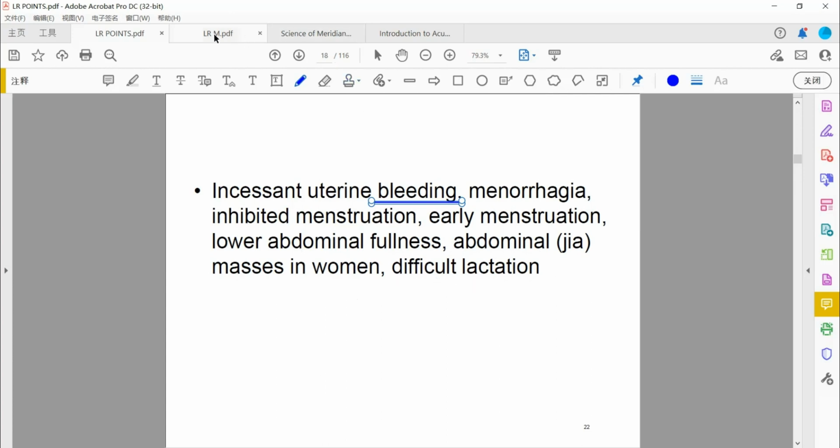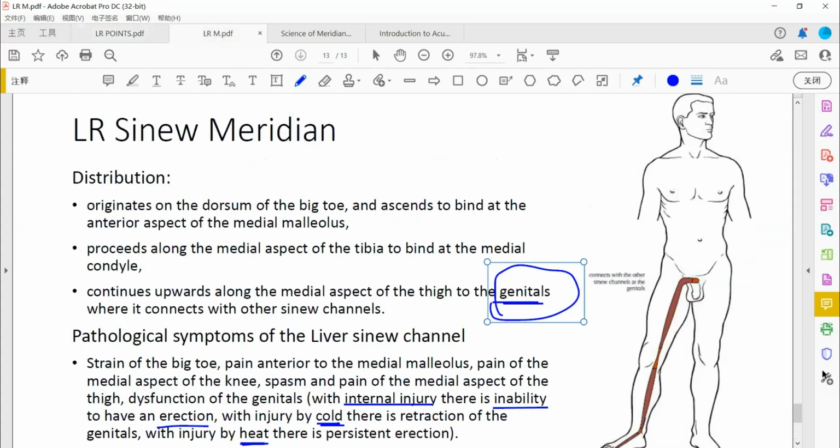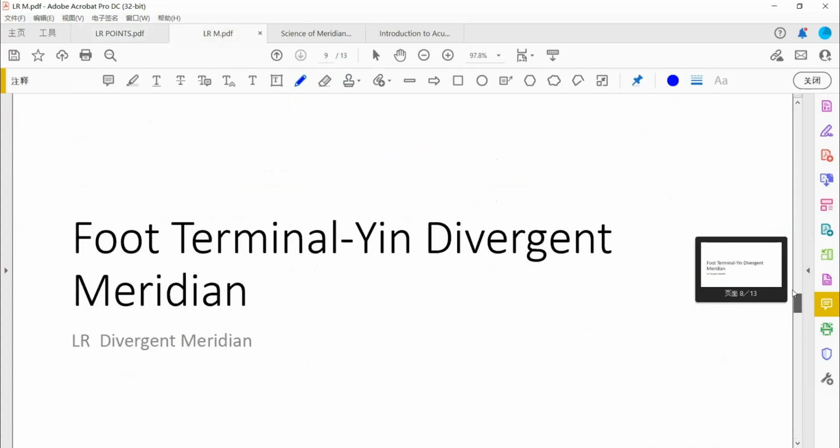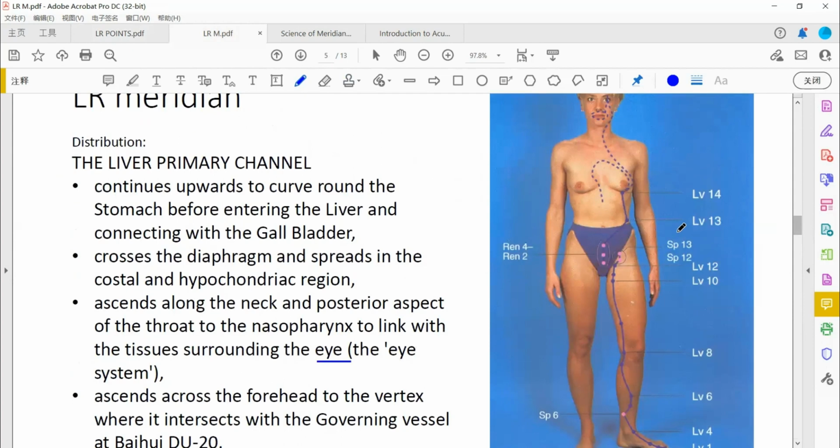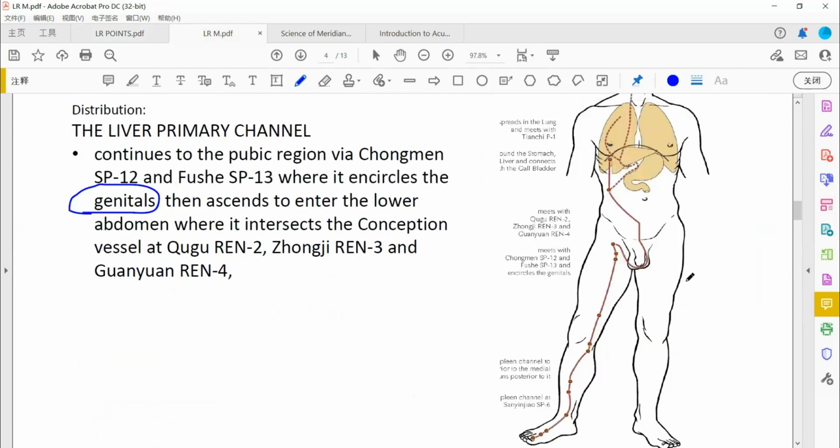Right, let's take a look at the liver meridian. Okay, the liver meridian here. The breast. See this one? Just below the chest. And there are branches, right? Curves on PC1. PC1 is just one cun beside the nipples.